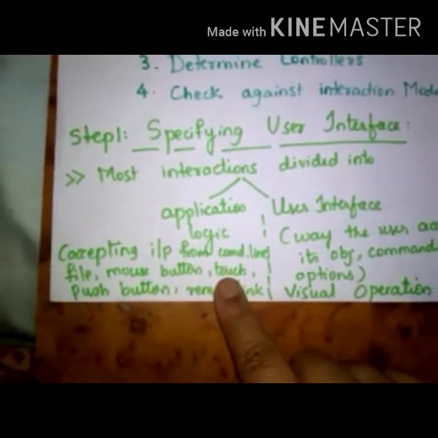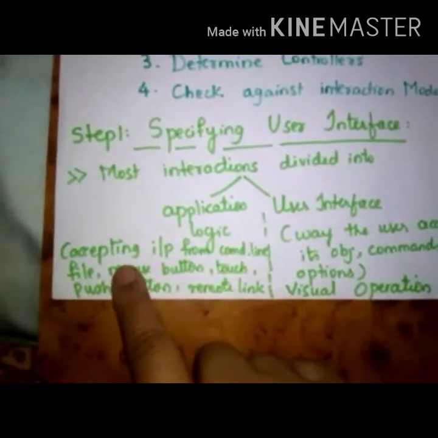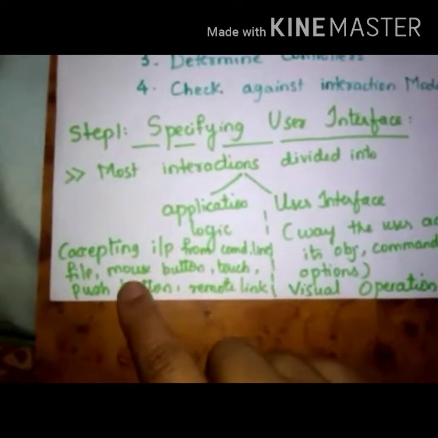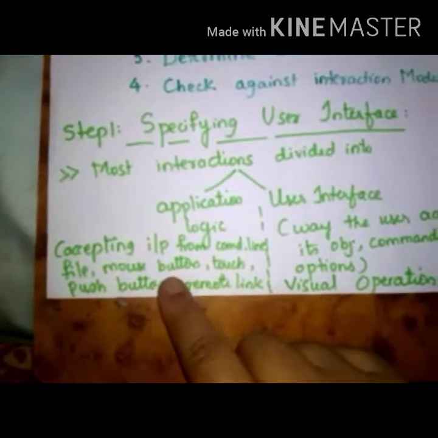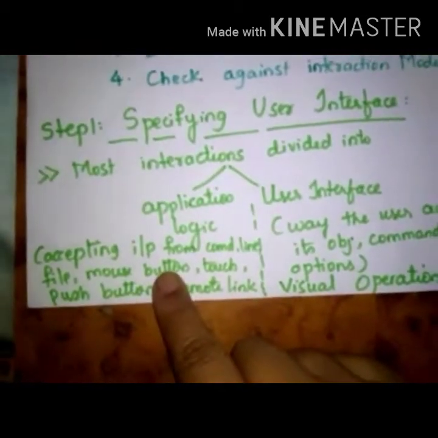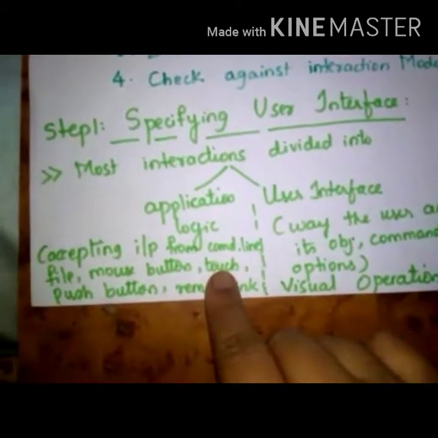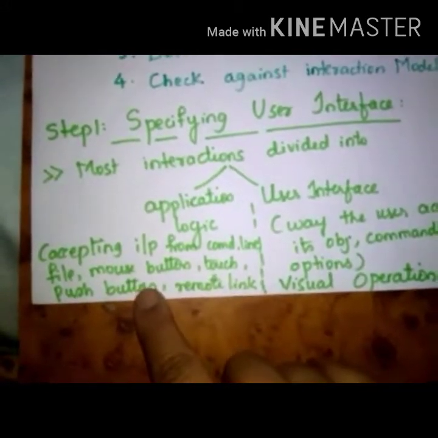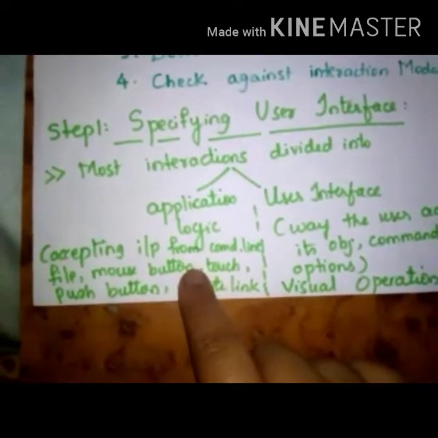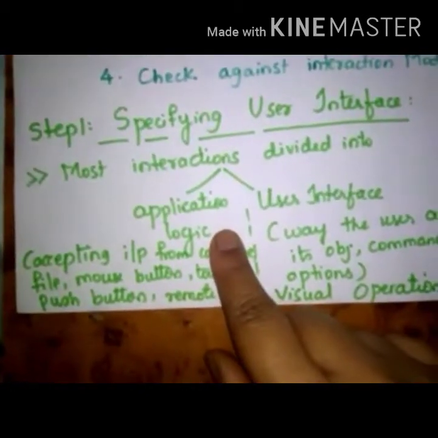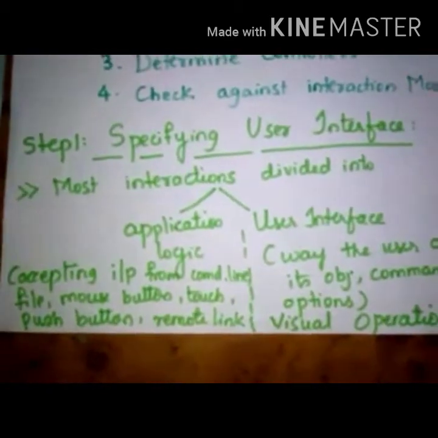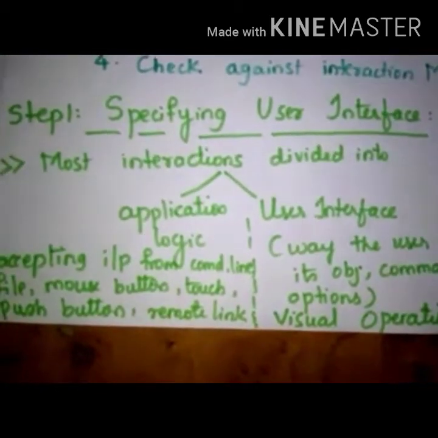That is, when the user enters the password, it should accept the input. And similarly, if he presses the mouse button, or if you are working with a touch screen, when he touches the screen, when a particular button is pushed, what has to be done deals with the application logic, and the visual operations are there in the user interface.